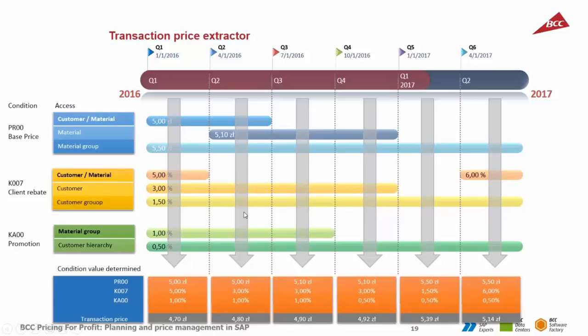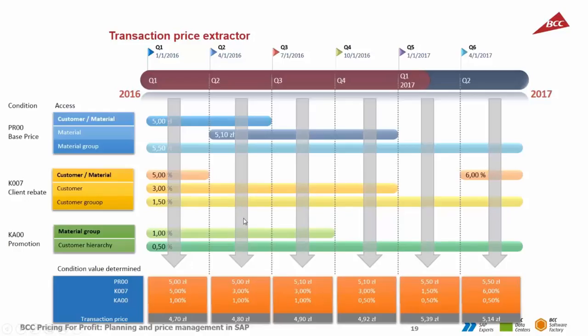The next interval is a little bit different because of the fact that the validity of the condition of the customer discount K007 is no longer valid, it has expired. So the discount value is taken from the key on the lower level, that is customer, and this is the value of 3% in this case.